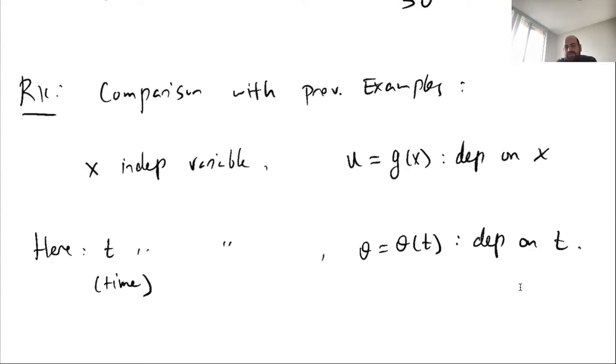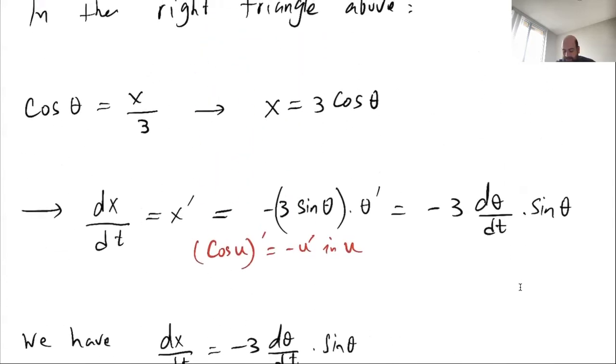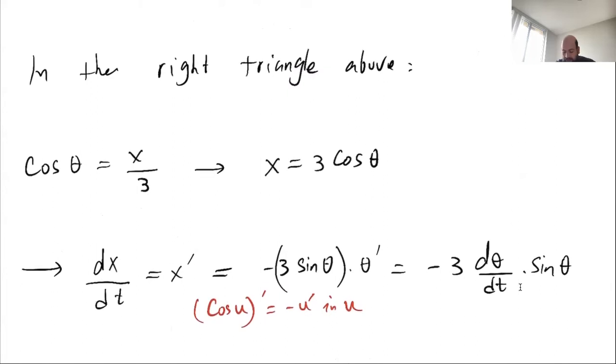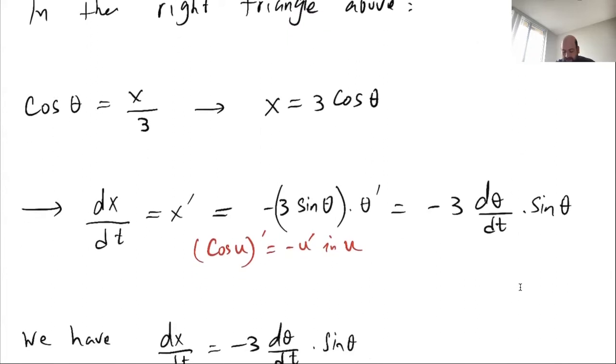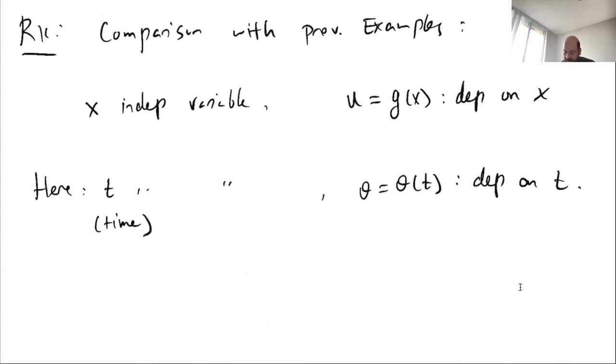So theta is a function of t, and t is the independent variable. Right? So instead of previously we had, and by the way, another thing I can say, y was a function of u.